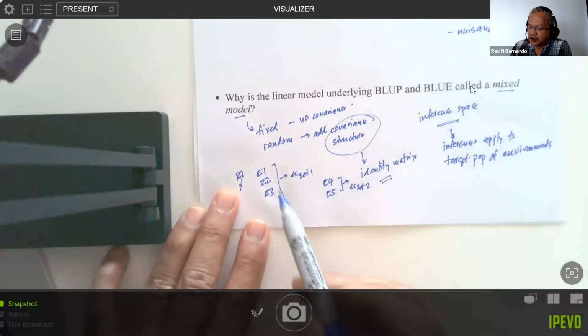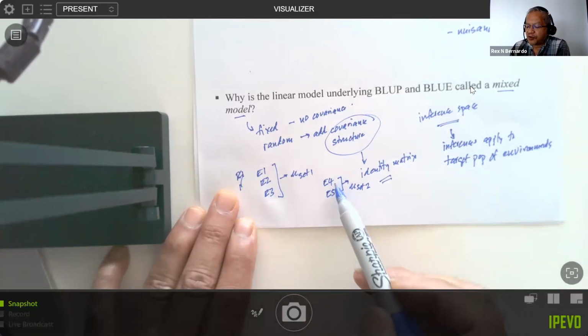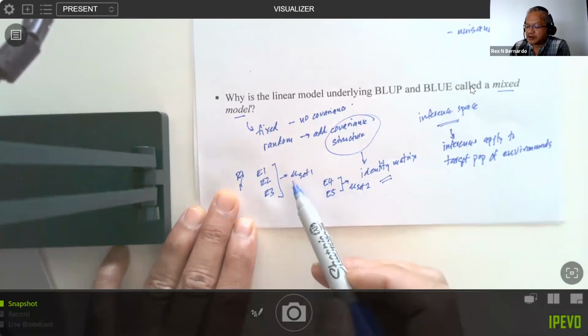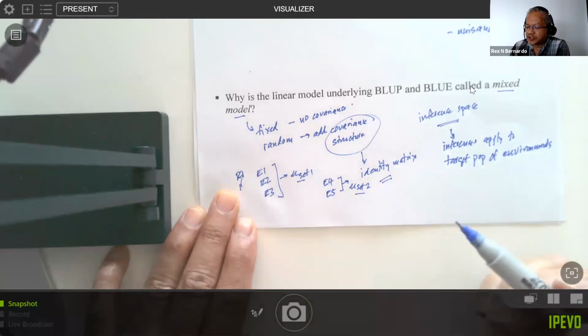Meaning that if environments 1, 2, and 3 happen to be in a wetter year, and environments 4 and 5 in a drier year, then the means of set 1 and set 2 would be different from each other, and we need to account for that.